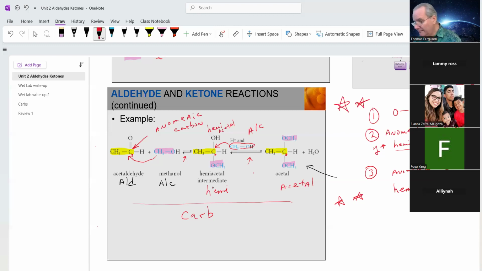So if you have an aldehyde around a sugar, it's going to use the alcohol part of that sugar to form the hemiacetal. And I'll show you in big time detail how all that happens. So this is a really important part of this aldehyde ketone chapter.